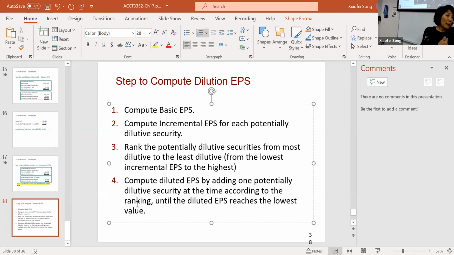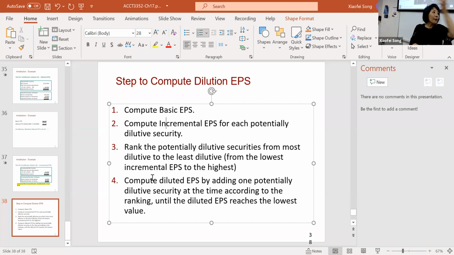If you have 5 potentially dilutive securities, you calculate the incremental earning per share for each one of them and rank them from 1 to 5. So step 4 means you start with the basic earning per share and add number 1, the first potentially dilutive security, and then you compute a diluted earning per share.